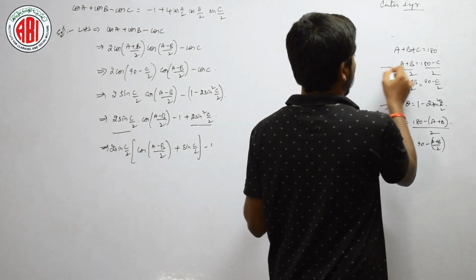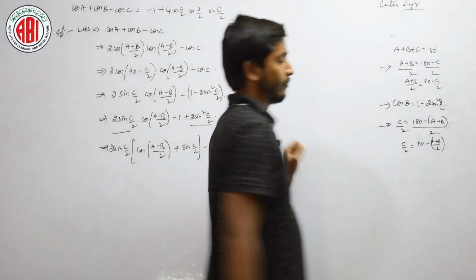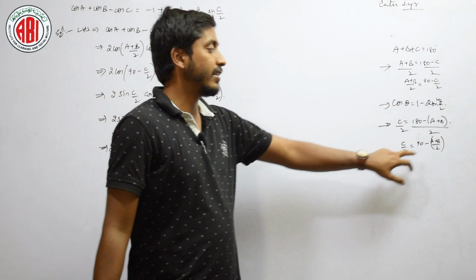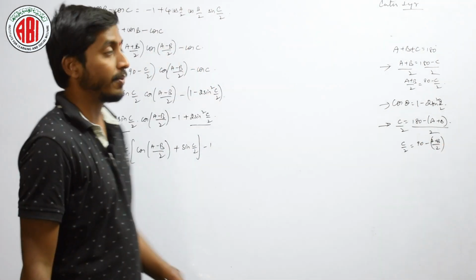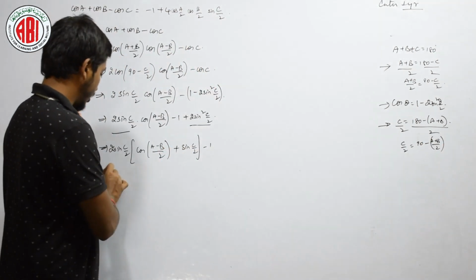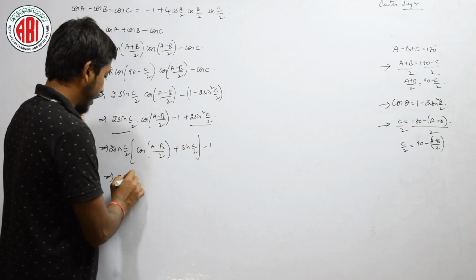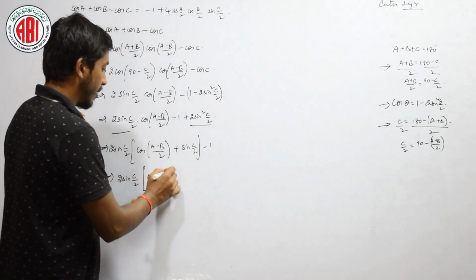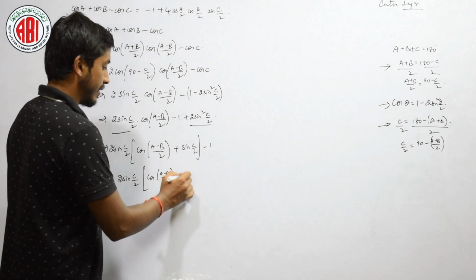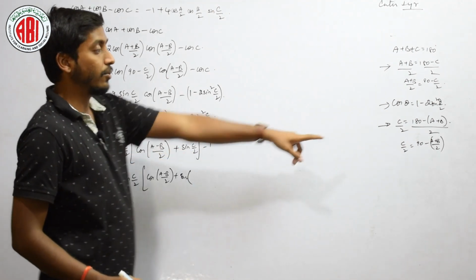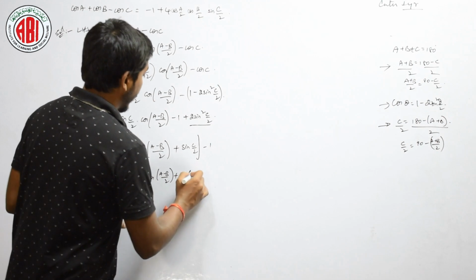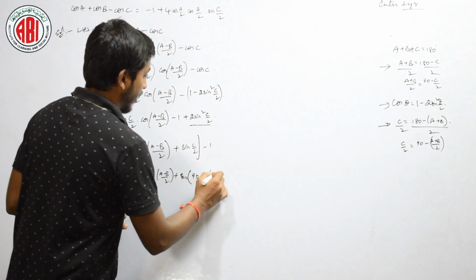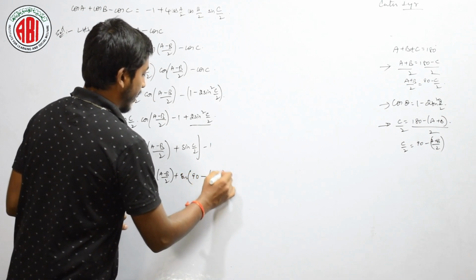Let us substitute it there: 2 sin C by 2 into cos of (A minus B) by 2 plus sin of, what is C by 2? C by 2 is nothing but 90 minus (A plus B) by 2.